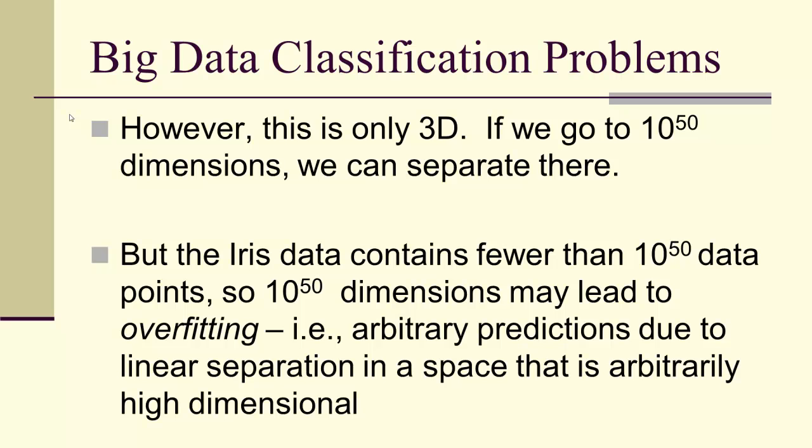If we go to 10 to the 50th, we can separate there. However, there's a huge problem. The iris data doesn't have 10 to the 50th data points. So even though we can definitely separate, it'll be an example of what's called overfitting, an arbitrary prediction because linear separation was in a space that was too large.